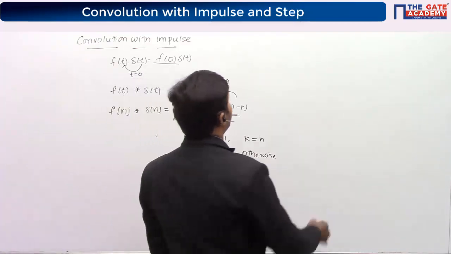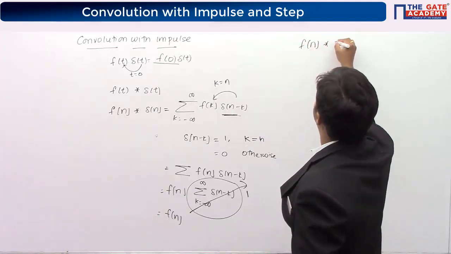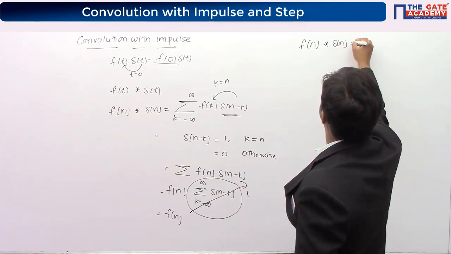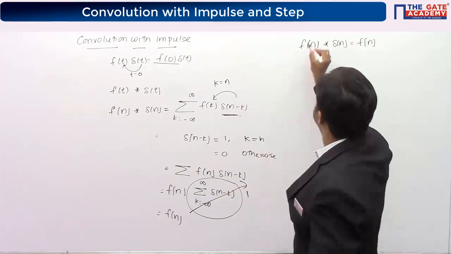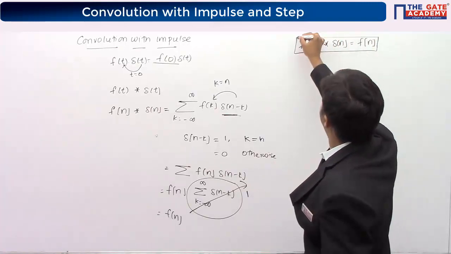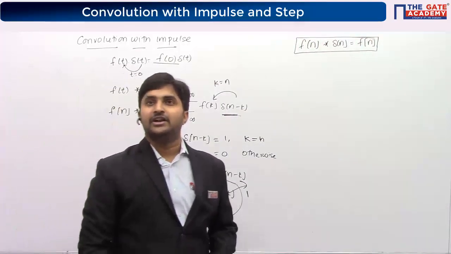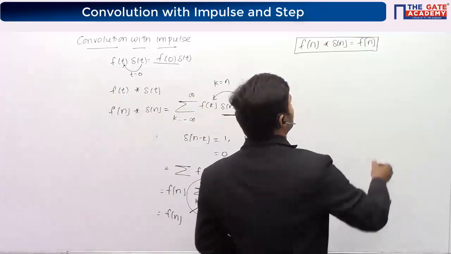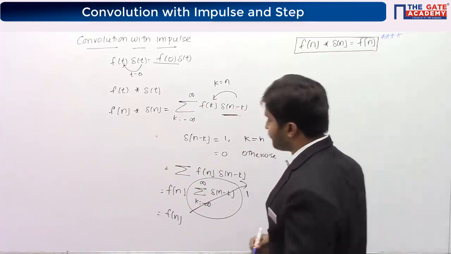Whenever we convolve any signal with an impulse, the result will be the signal itself. It is a very, very important result: f(n) convolved with delta(n) is equal to f(n) itself.